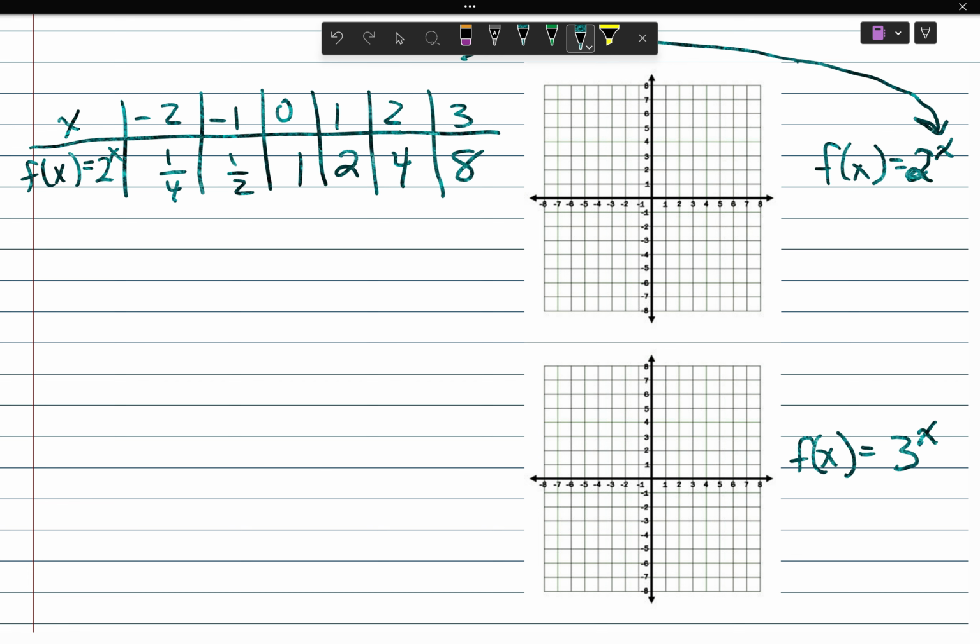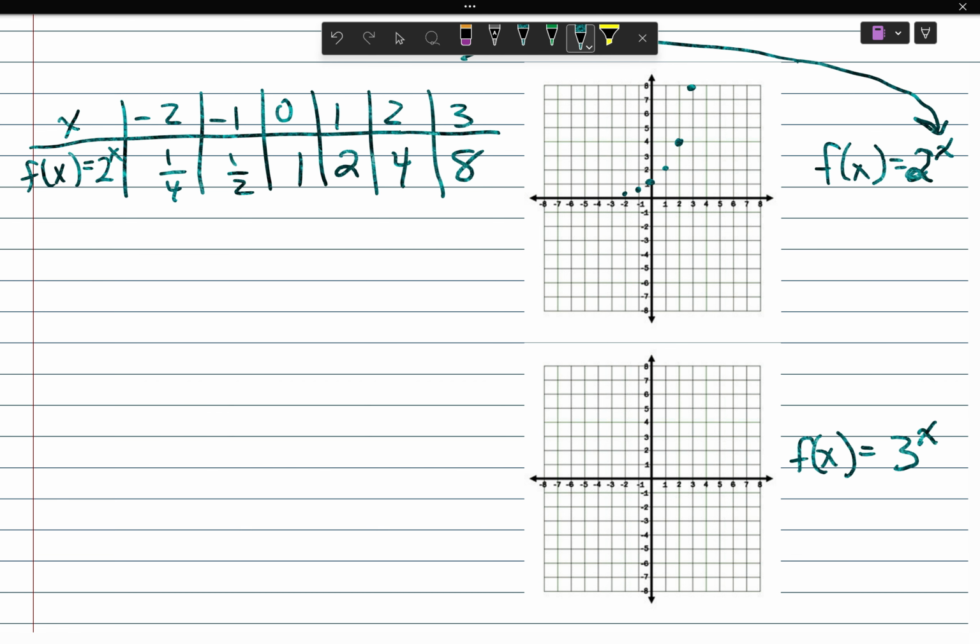And then I'll go ahead and plot these points. So -2 in the x and 1/4 in the y, about there somewhere. -1 and 1/2 right there. 0, 1 is right there. 1, 2 is right there. 2, 4 there, and then 3, 8 is right there.